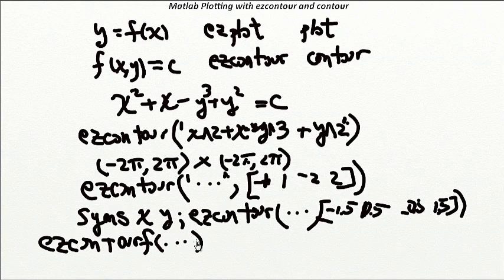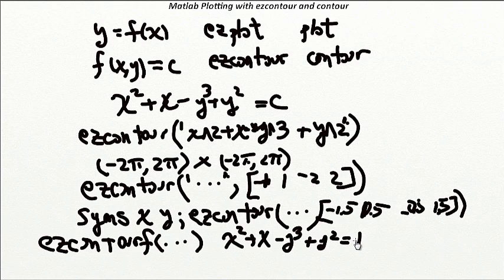Okay, now suppose finally we want to do a single level curve. So suppose we want to plot x squared plus x minus y cubed plus y squared equals 1. I don't want all level curves, I just want the single level curve where the right side is 1.